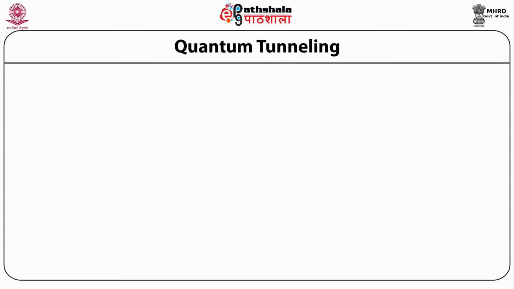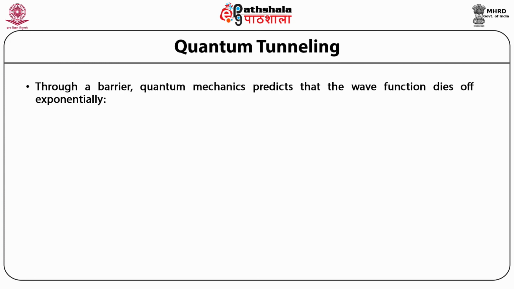So let us now discuss quantum tunneling. Through a barrier, quantum mechanics predicts that the wave function dies off exponentially. So ψ(d) = ψ(0) · exp(−kd), where k = √(2m(φ − E))/ħ.